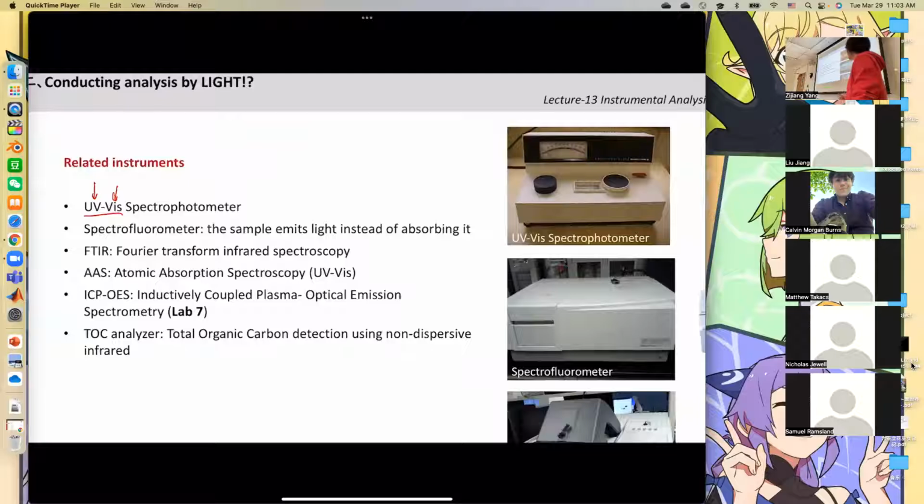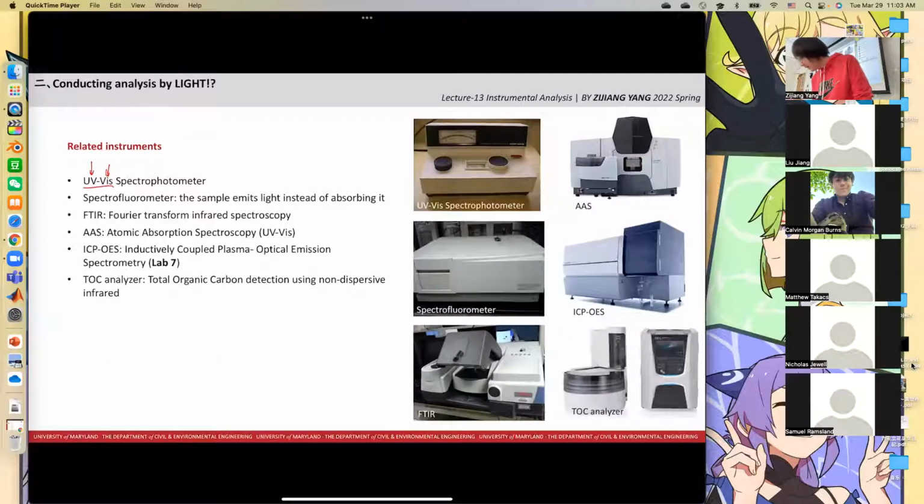So basically, this instrument can use ultraviolet light and visible light. And we have some other examples like this one. Actually, I haven't used this instrument before, but we can see this also uses infrared light. So basically, we can use some other types of light.